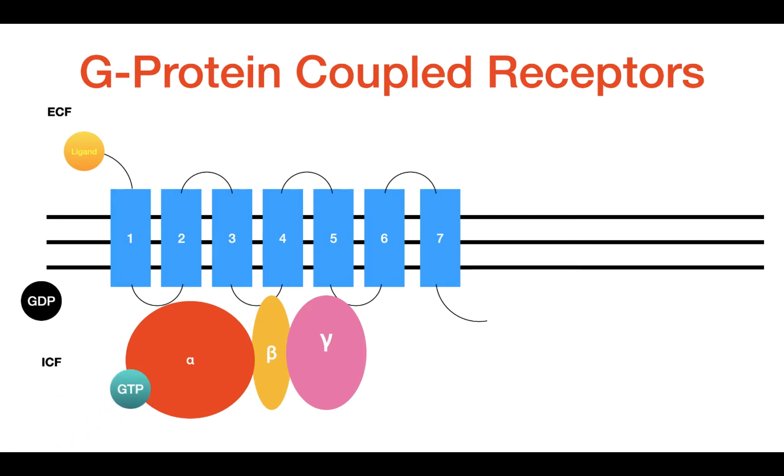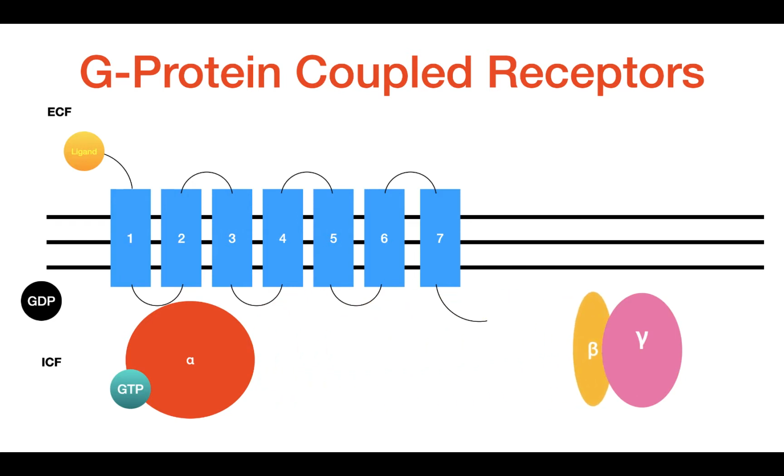So GTP binds to the alpha subunit, and this is when the protein is activated. In other words, the G protein is now activated, and now it's going to start to do its effects.